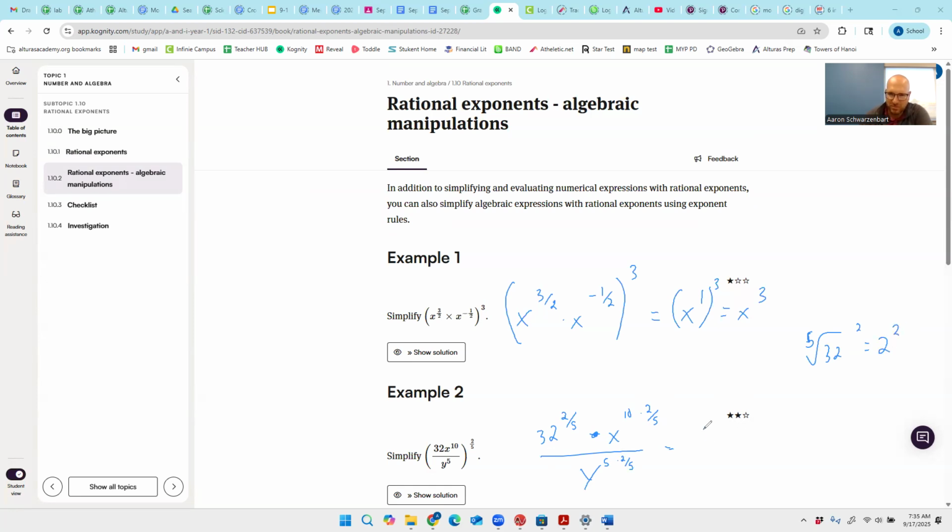Squared is 4. 10 times 2/5 is 20/5 or x to the 4th. 5 times 2/5 is y squared.